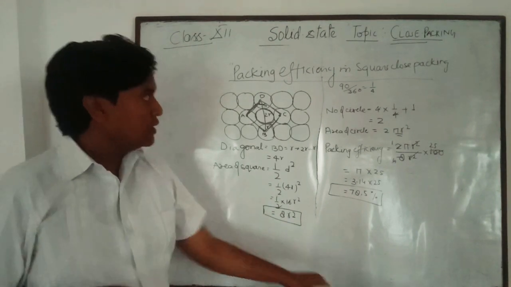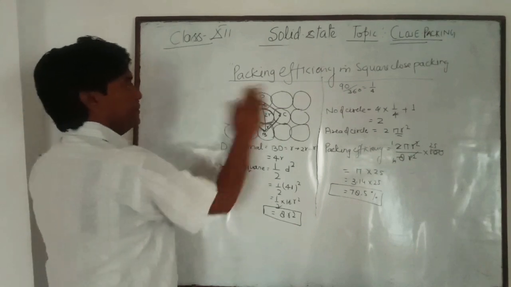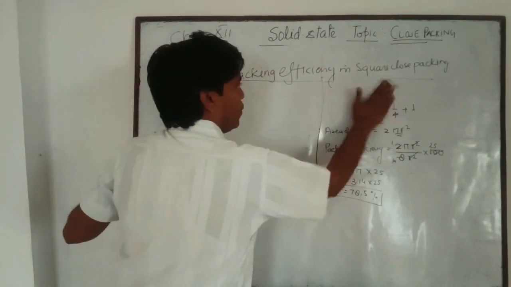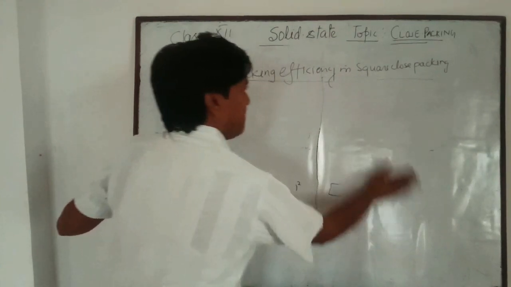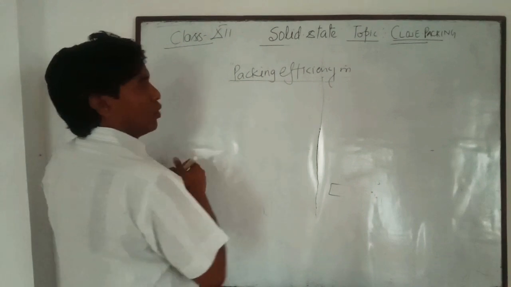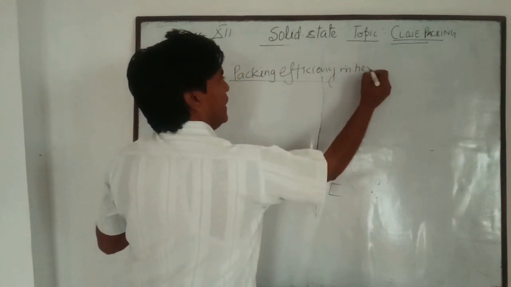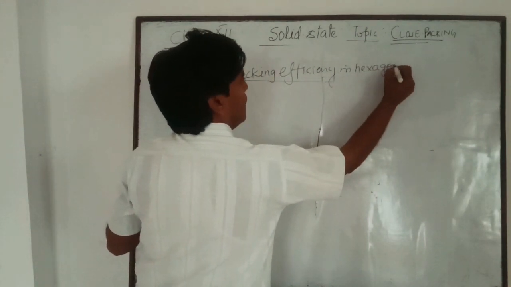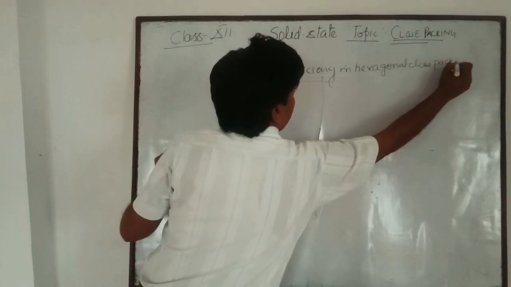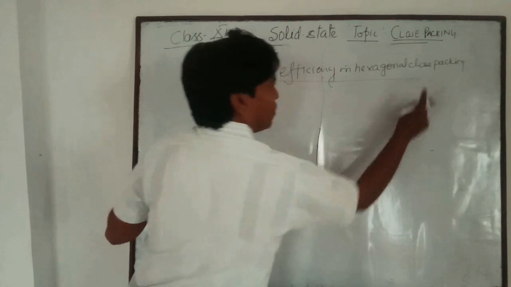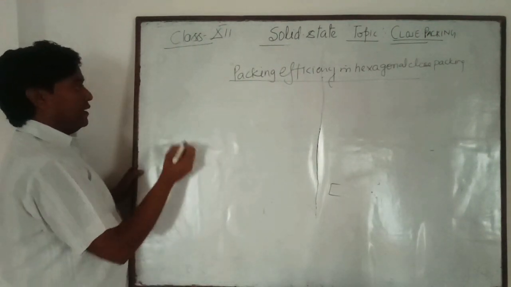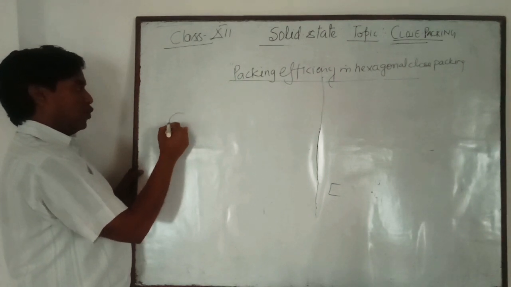Clear? Now I am going to explain the packing efficiency in hexagonal close packing. Clear beta? In hexagonal close packing, you can say one sphere.